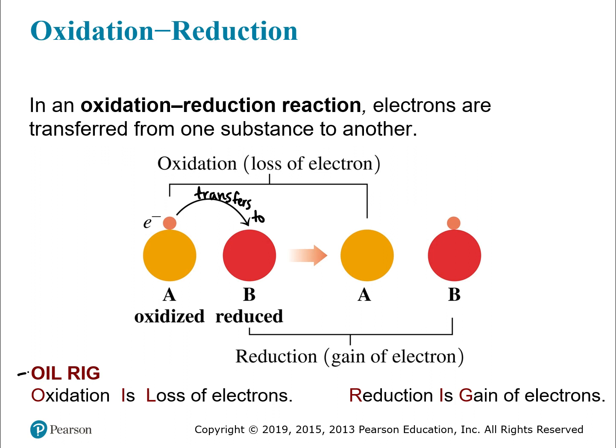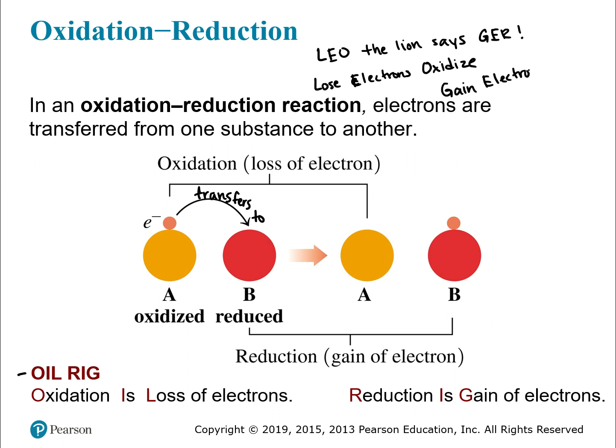Now, when I was coming up through chemistry, like general chemistry, we learned LEO the lion says GER: Lose electrons, oxidize, gain electrons, reduce.